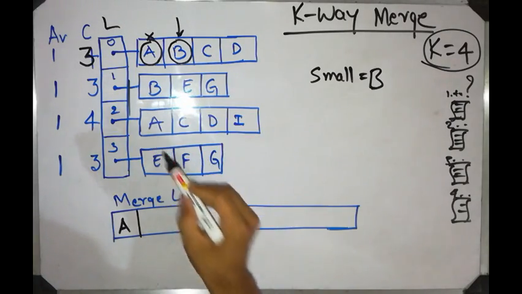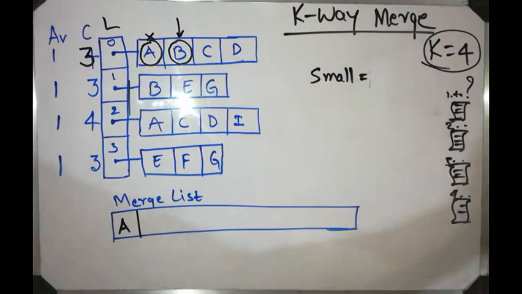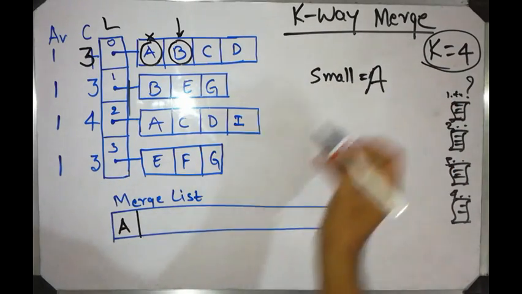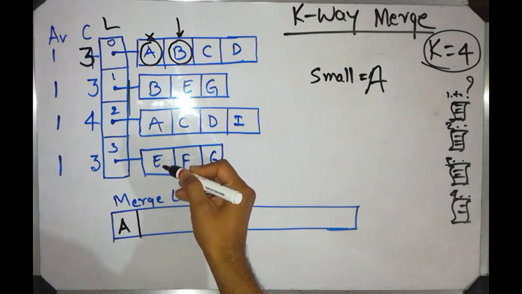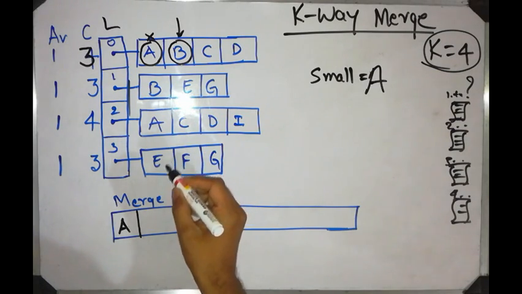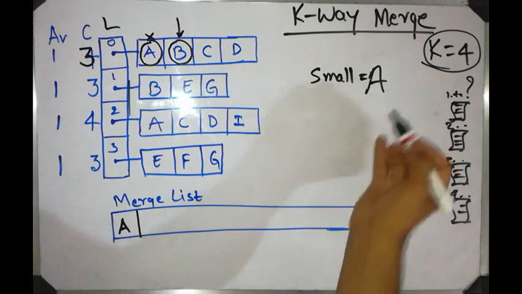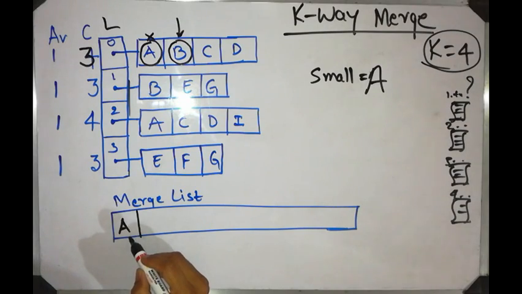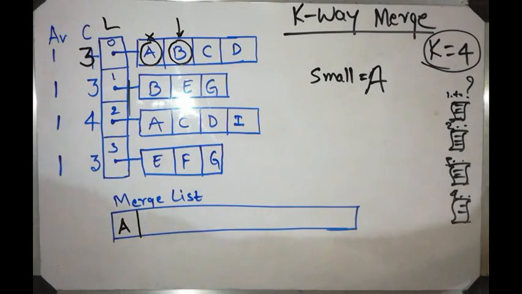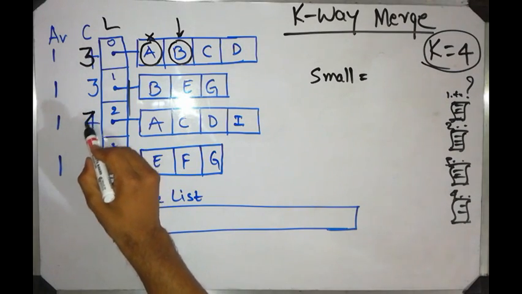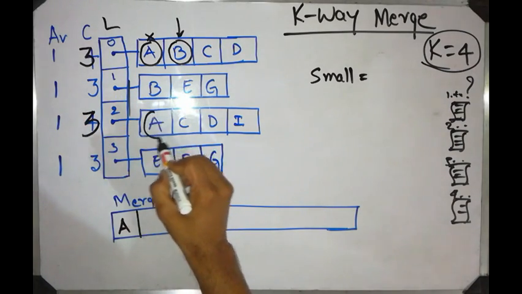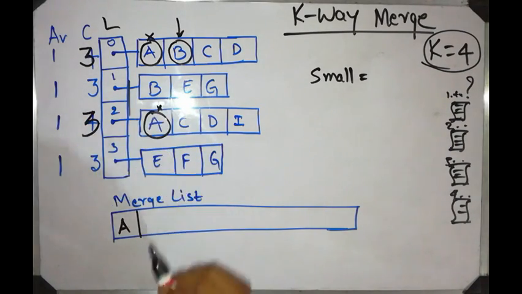When we compare B with A, we found that A is supposed to be the smallest, so we found A. And then next we're going to compare it with the next element in the next array. It is the smallest, but we know that there is already an A here, so we're not going to write it here, but reduce the count here. So instead of 4 we say 3. So now this A is again processed, so this is not considered again.